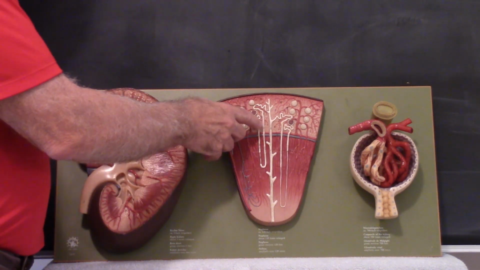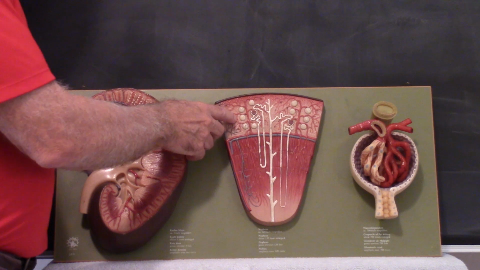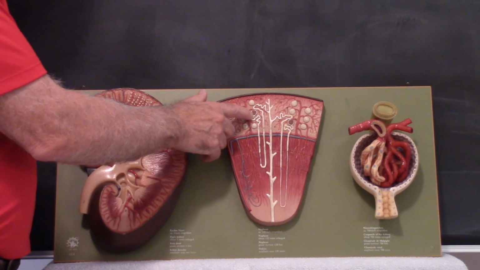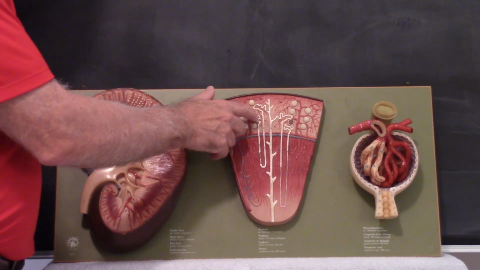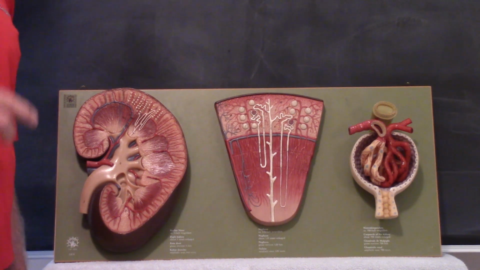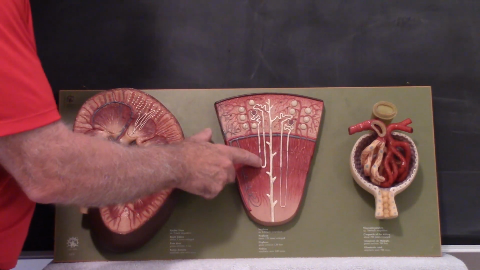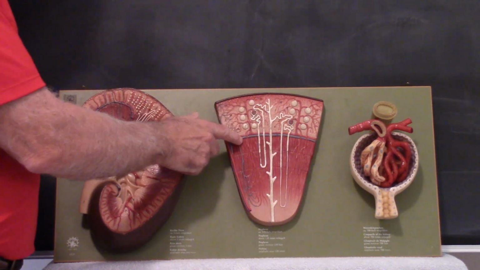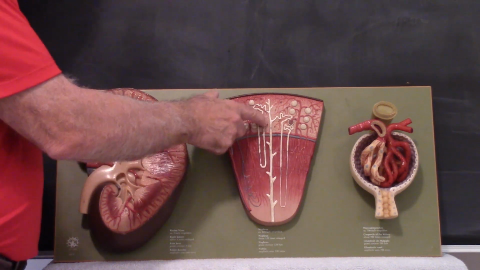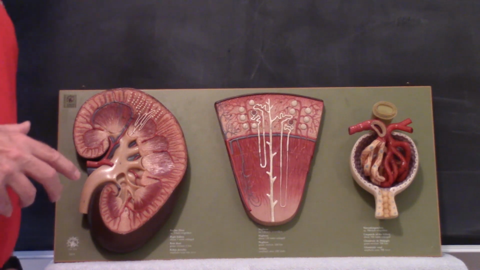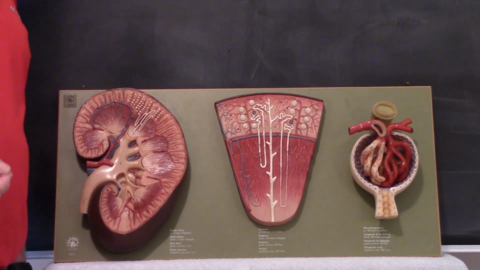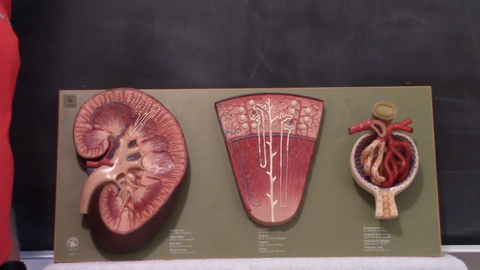Every renal corpuscle gives rise to what's called a proximal convoluted tubule, or proximal tubule, that then goes down deep and comes back up. In other words, it makes a loop. And this loop is called the loop of Henle, or a nephron loop.